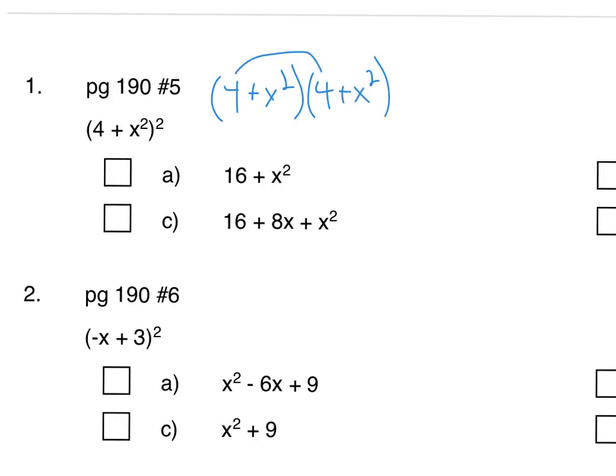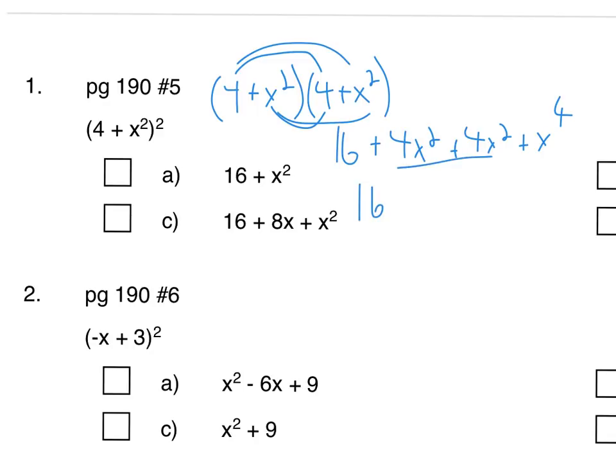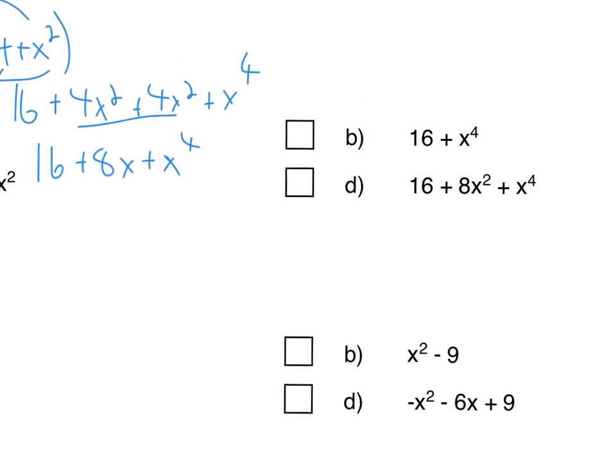Distribute, so 4 times 4 is 16. 4 times x squared is 4x squared. X squared times 4 is 4x squared. And then x squared times x squared is x to the 4th. Remember, we're multiplying, that's when we add exponents. Now I'm going to add, which means our exponents aren't going to change, we're just going to change our coefficients. Okay, so I have 16, my like terms are in the middle here, so I get 8x squared plus x to the 4th, which gives us an answer of D.